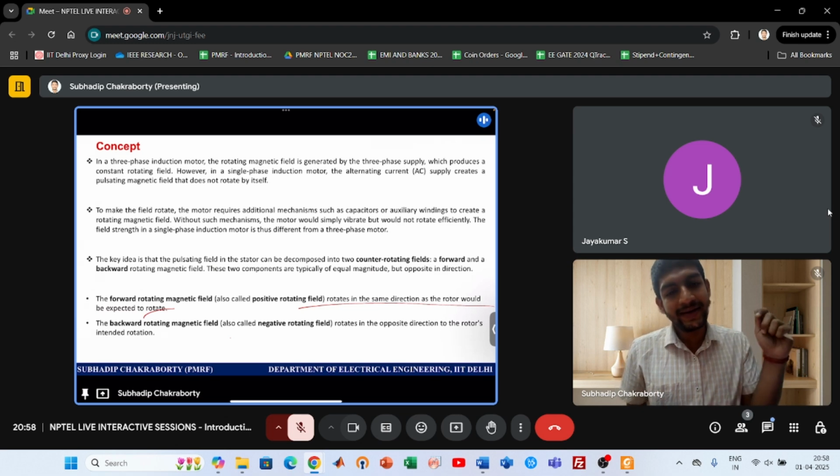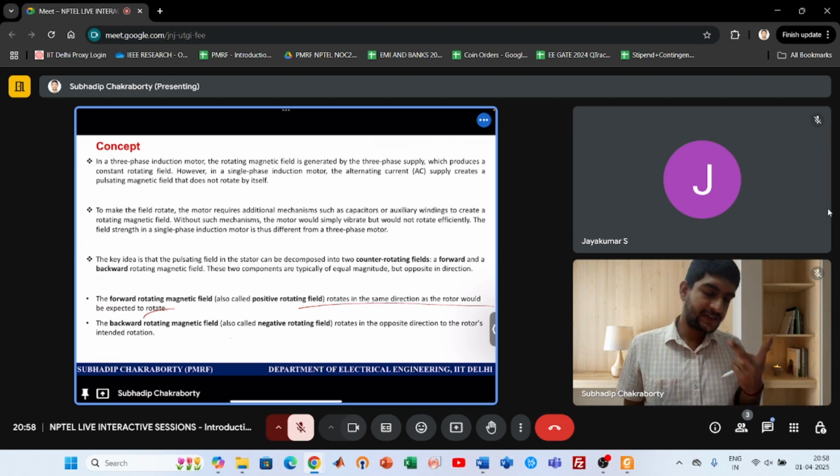So that's why we plug in another winding and try to create a phase shift and create maybe two phase displaced fields just for a momentary time, and then the forward field will develop more strength once started. At starting, both are equal and opposite.